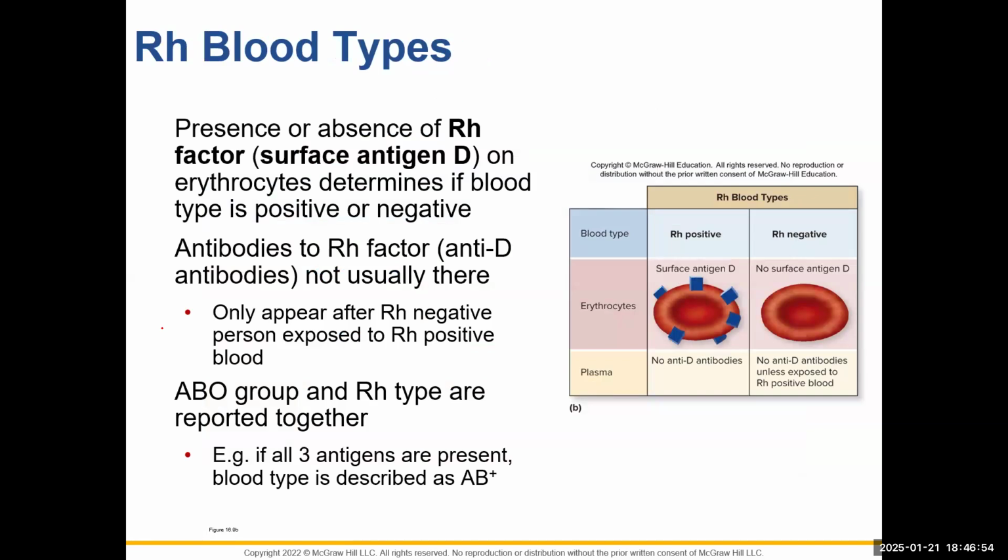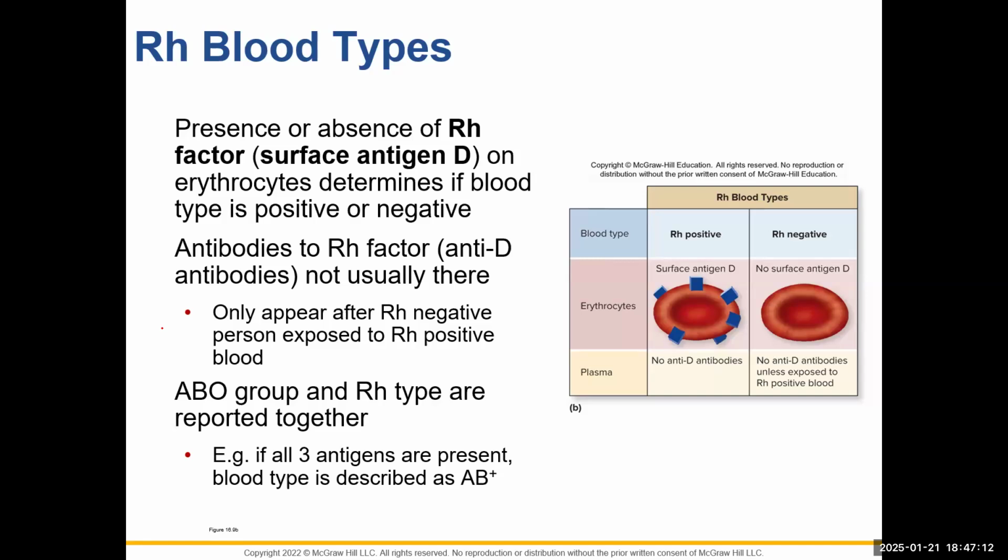So this, of course, is going to bring me into the positive and negative portion of our ABO blood typing. So when we talk about, like I said, I'm A positive. Now we're going to talk about what that positive means.